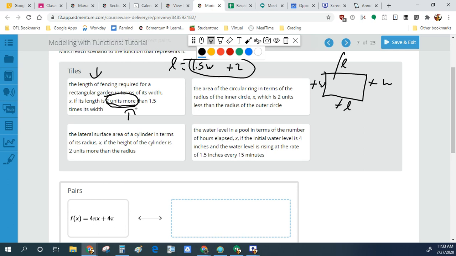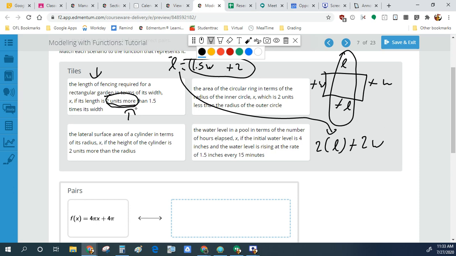But if we look here, we have 2 lengths. So we're going to do 2 times L plus 2 times W. But we already said that L is something else. So we can take this information and put it in here. So this becomes 2 times 1.5W plus 2 plus 2W.